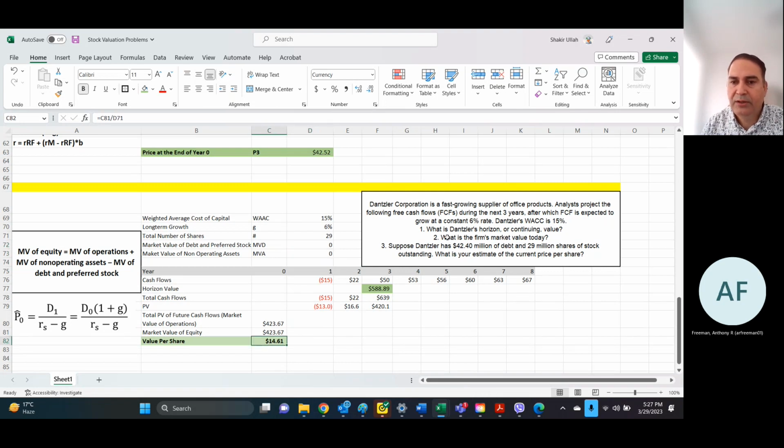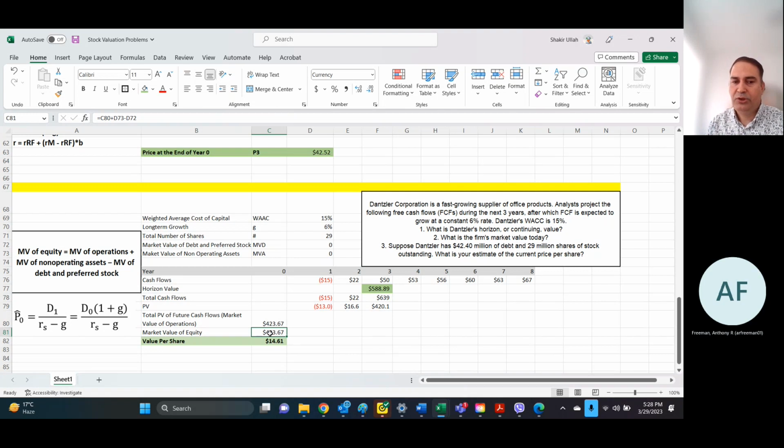What they are requiring in question 2 is the firm's market value today. So the market value in that case would be 423.67, because it does not have any debt or any non-operating assets. So 423.67 is your answer to question number 2.